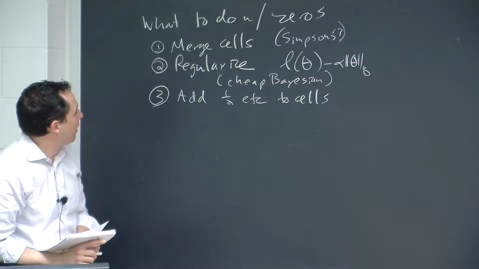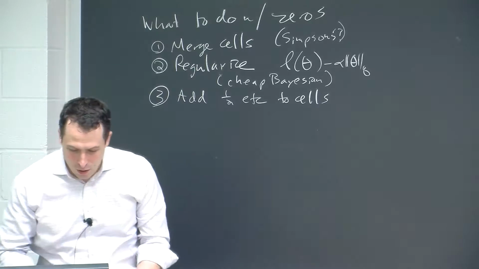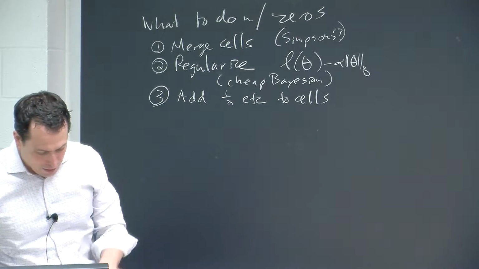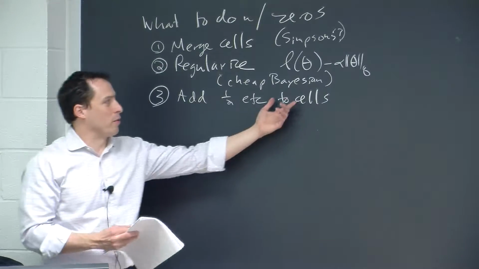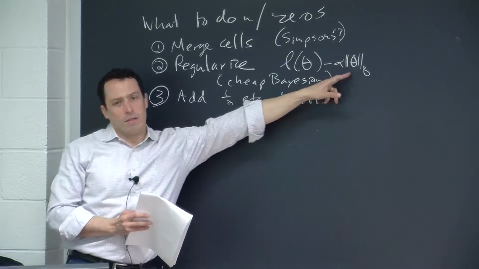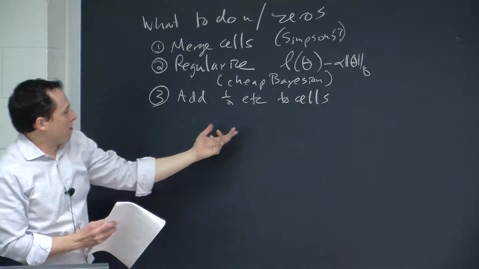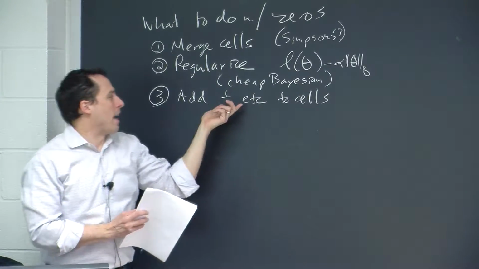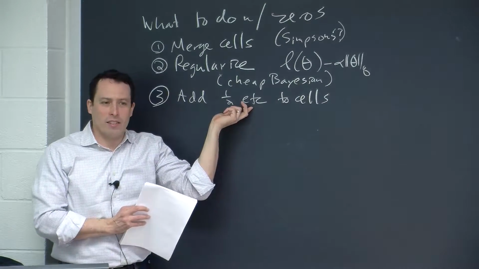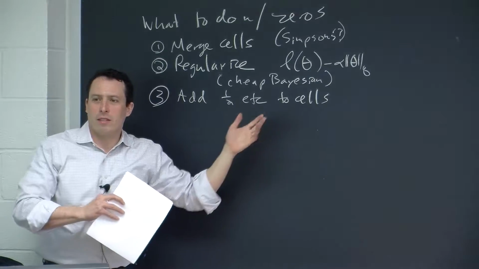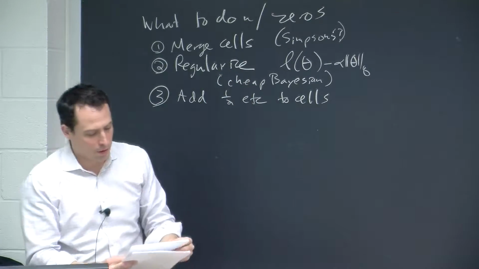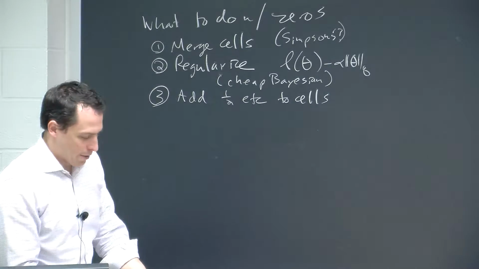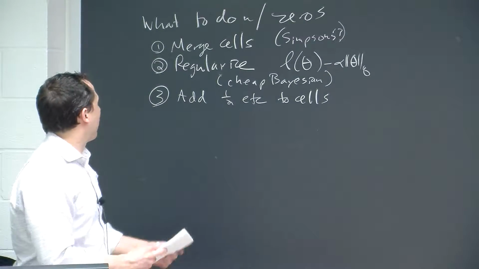If even regularization is too onerous, that's a quick and dirty version that will also tend to smooth things toward having 0 parameters, right? Because if we added, in the limit, a lot to all the cells, we would just get a uniform distribution. So in both of these cases, we're shrinking, pulling the model toward the uniform distribution in order to get rid of excessive dependence on the data.